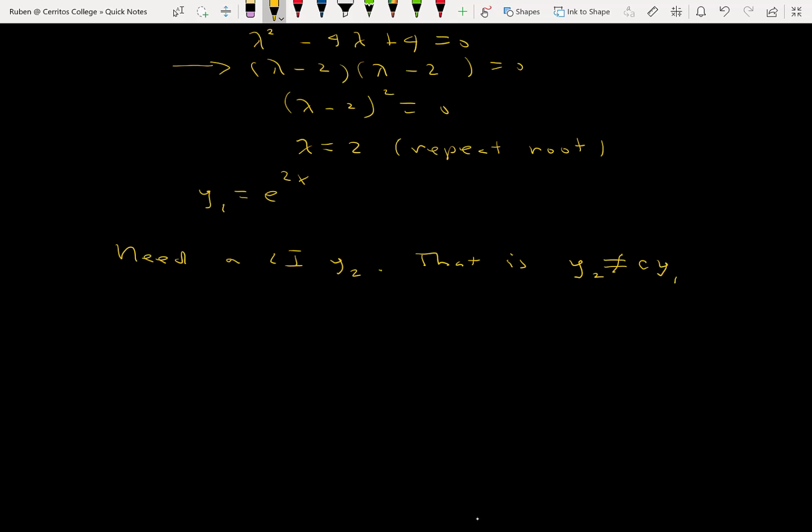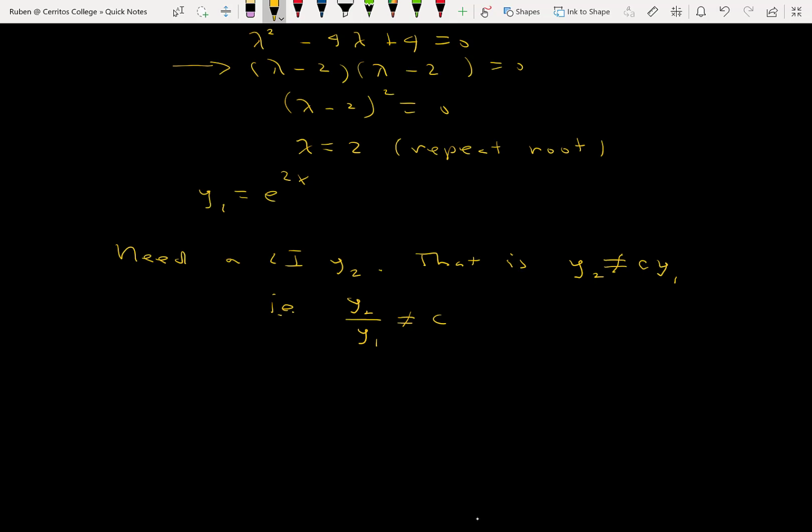This is what it means for two functions, y1 and y2, to not be proportional, or equivalently to be linearly independent. If this is true, then we need y2 over y1 to not equal a constant. So we're looking for a second linearly independent solution such that y2 over y1 is not equal to a constant.